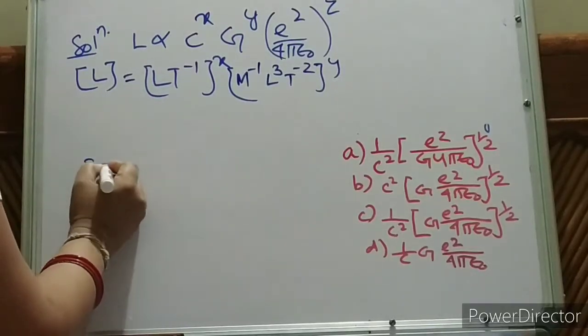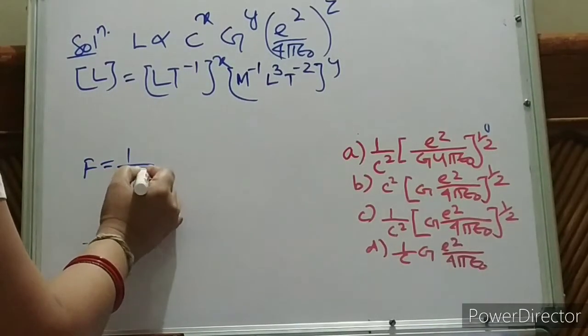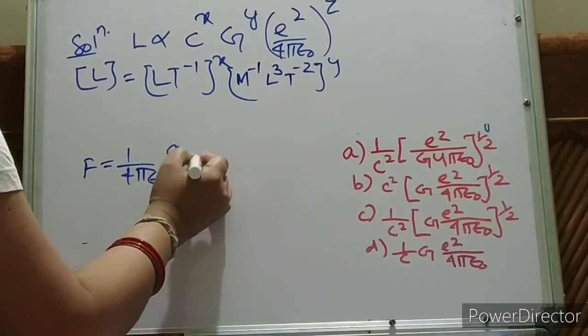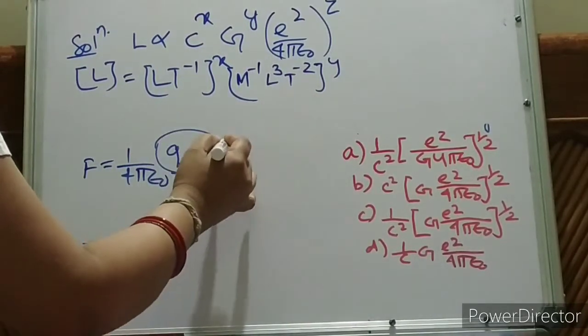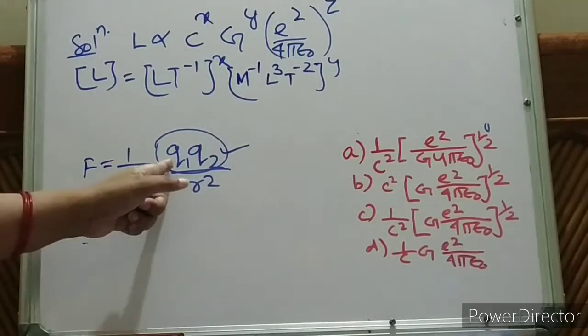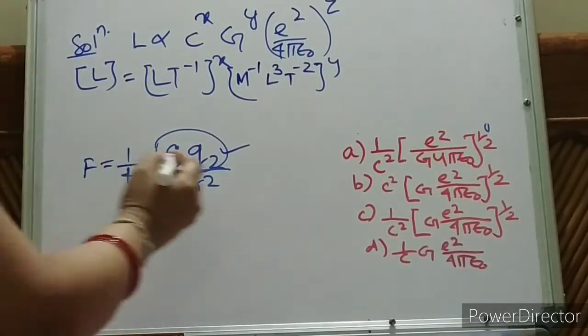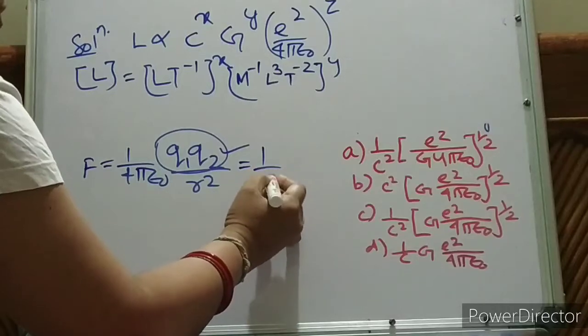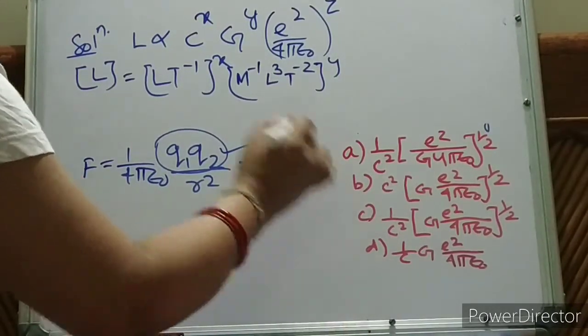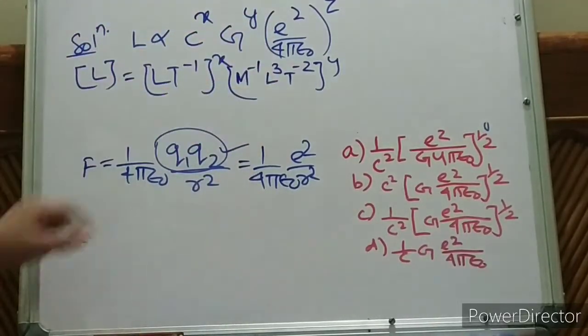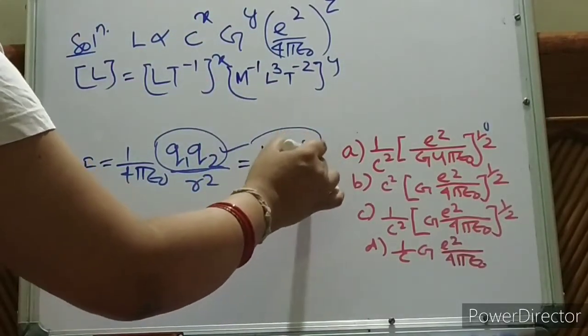F is equal to 1 by 4 pi epsilon naught Q1 Q2 by r square. What is this Q1 Q2? Nothing but e square only. This is charge, so charge square. That means I can write this is equal to 1 by 4 pi epsilon naught e square by r square. So we want e square by 4 pi epsilon naught. That means this part.